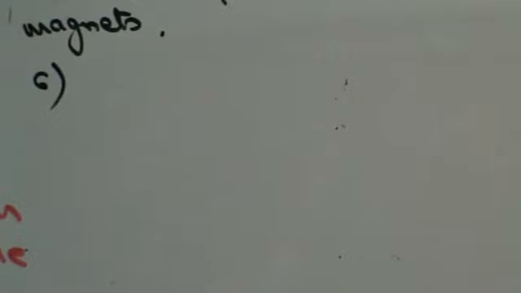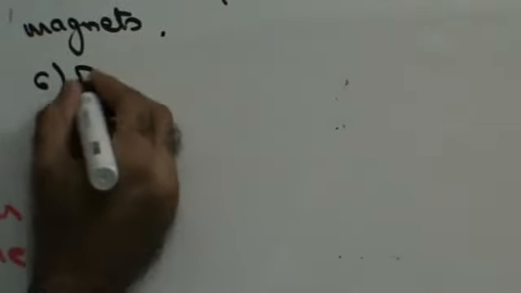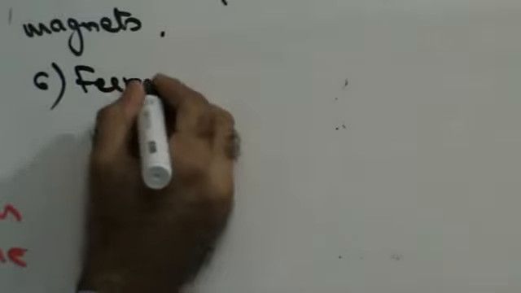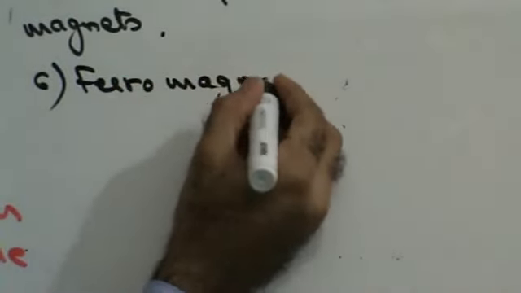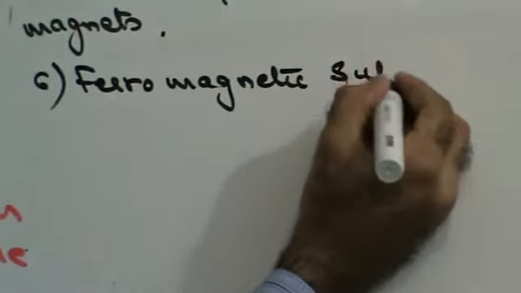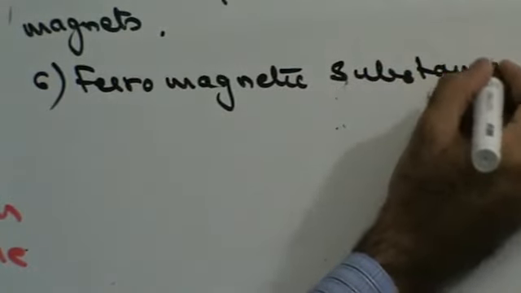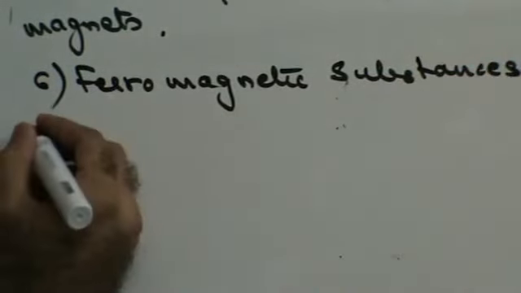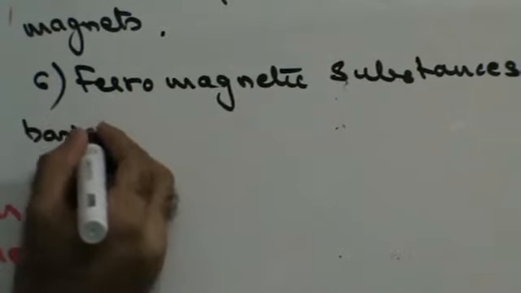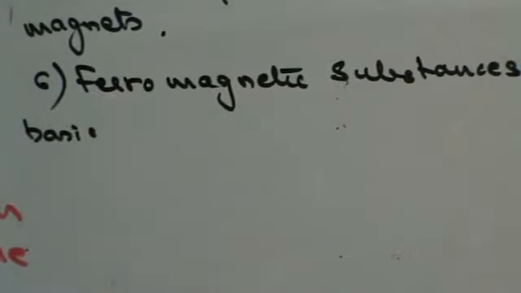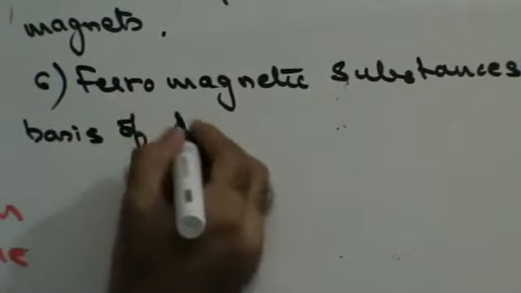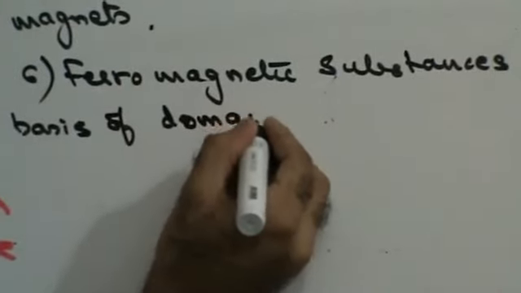Okay, now let's try to explain ferromagnetic substances on the basis of domain theory. This was on the basis of atomic theory. Ferromagnetic substances on the basis of domain theory.